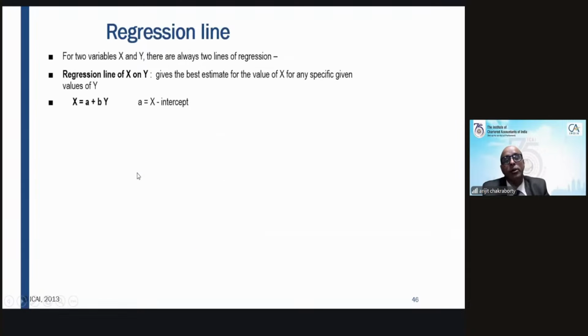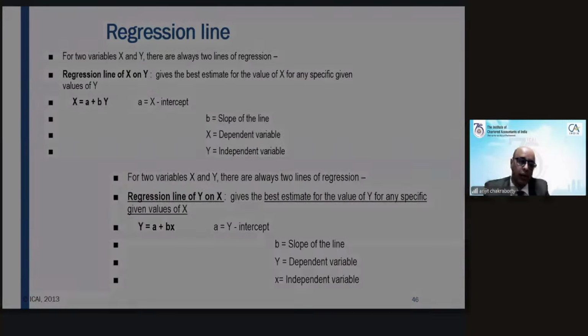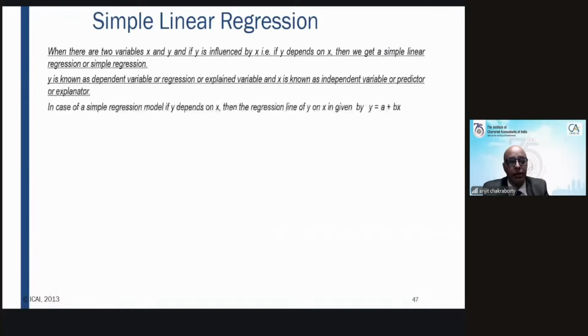You have to remember the equation of the regression line. It is simple linear regression we are talking about. So regression means two variables have certain dependence or certain interrelation. Y is usually the dependent variable, X is the independent variable.